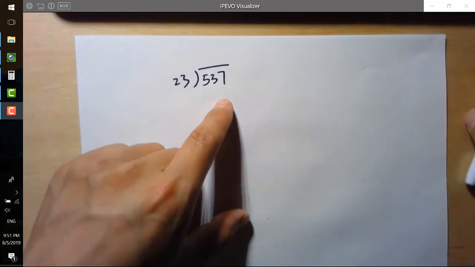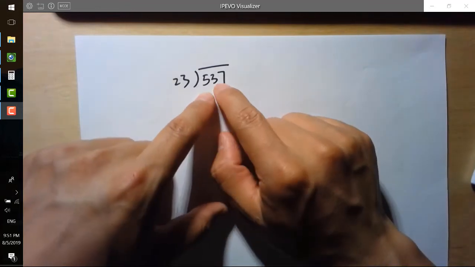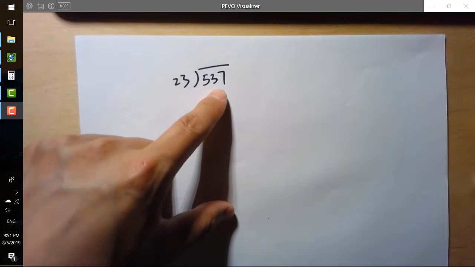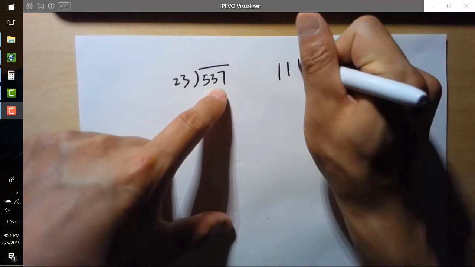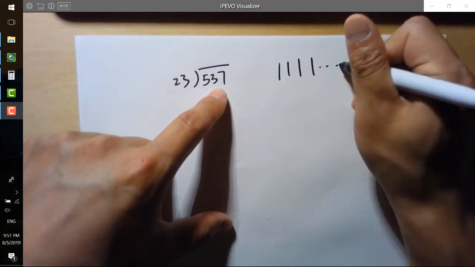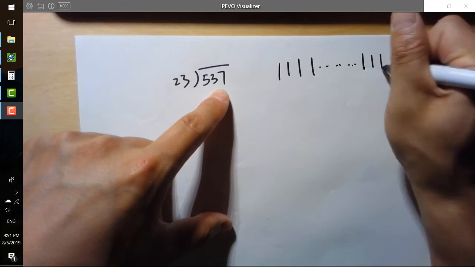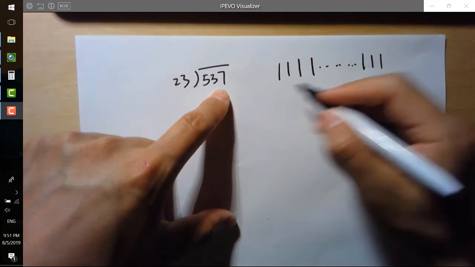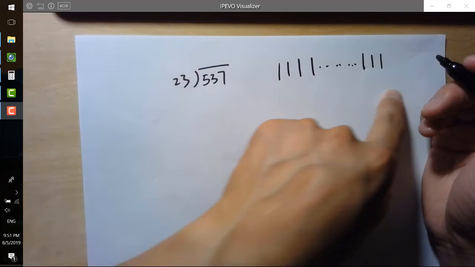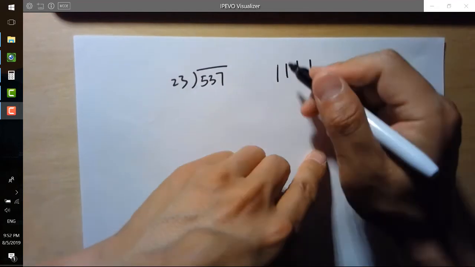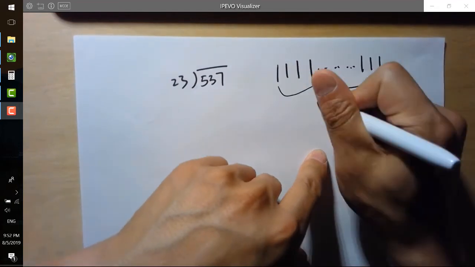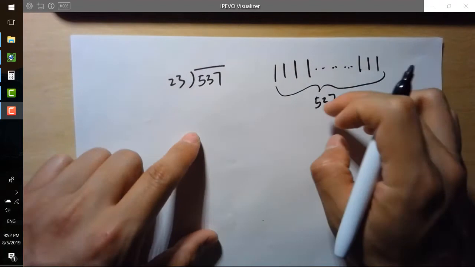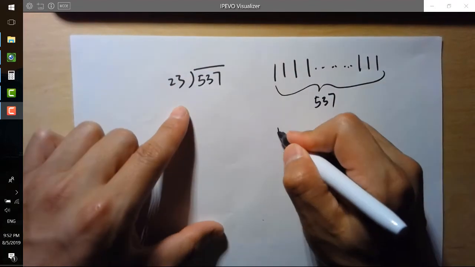If you have this amount of, whatever, like rods, you have so many rods or chopsticks or whatever, you have this many of these wooden rods here, and totally 537. And you want to divide this number by 23, right?